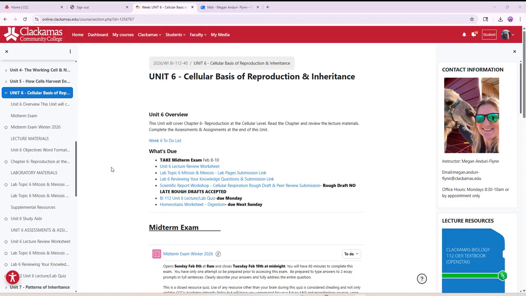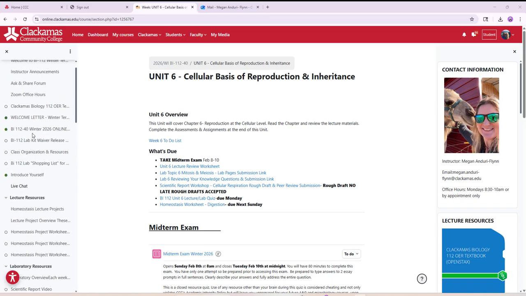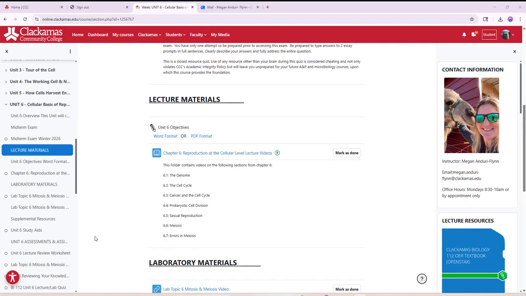Okay, so as always, you'll want to take a look at chapter 6 in the OpenStax textbook, located under our link at the top. So make sure that you're reviewing the chapter. There's quite a few sections this week in chapter 6, but just realize that each section is a lot smaller.